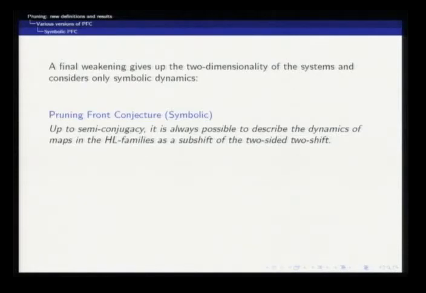So, can you always describe the non-wandering set of any map in the Henon family as a subshift? Any old subshift, not necessarily, right? So that is the weakest possible rendition, so to speak, of this. And even that, in general, is not known, that I know of.